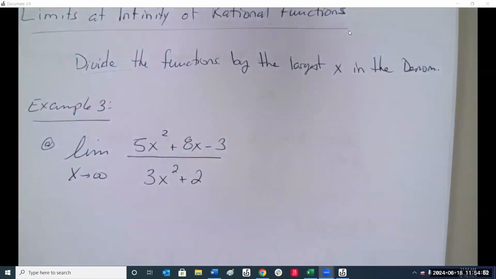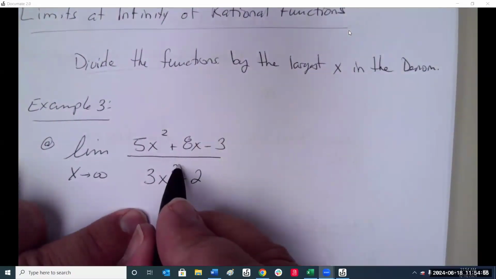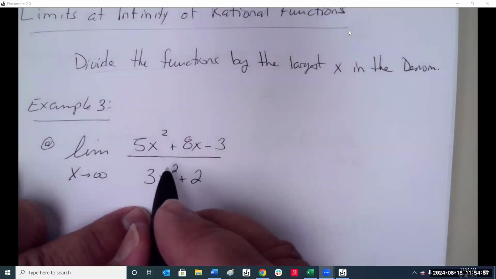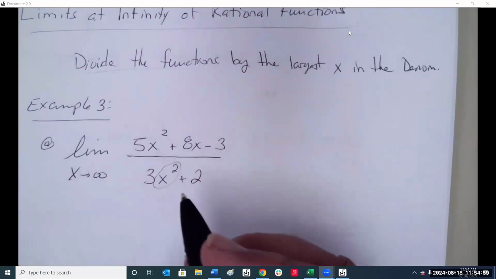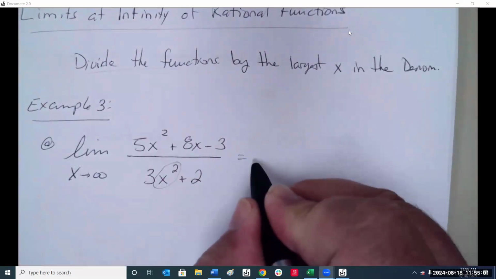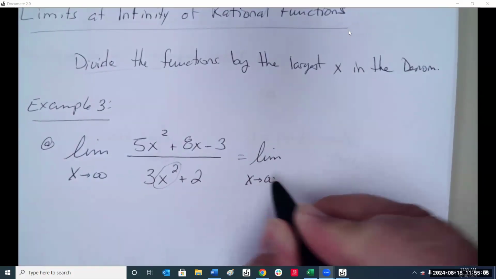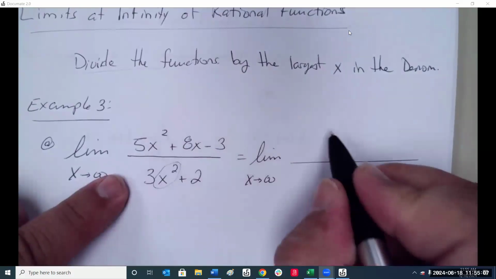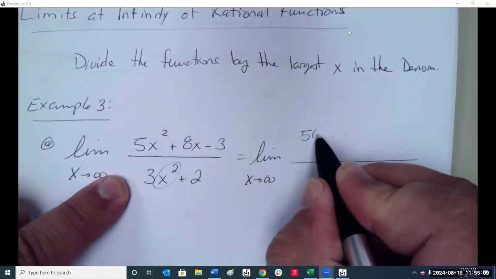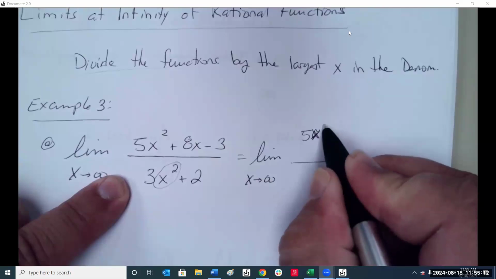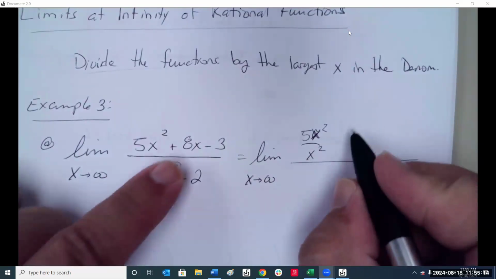In other words, here, the largest x in the denominator is x squared. So what this is telling us to do is divide each of these terms by x squared.